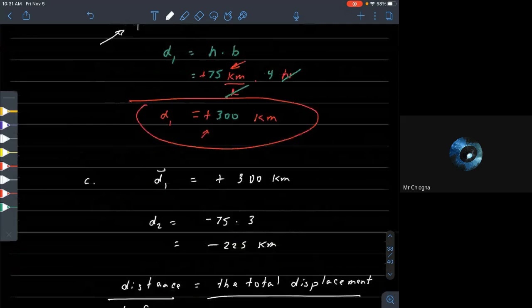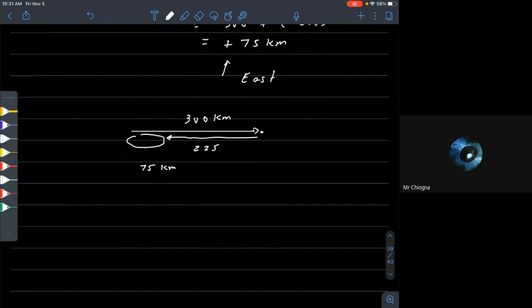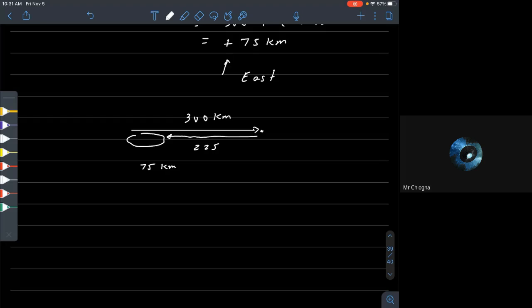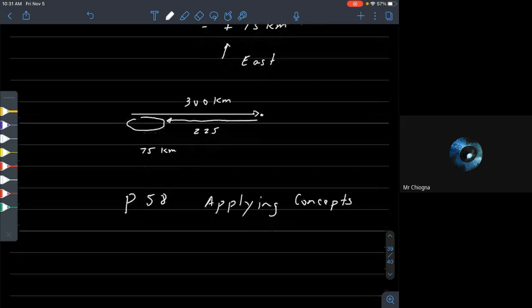So I want you to do, on page 58, if you turn to page 58 in the handout, under applying concepts, you can do 6 to 11. That includes page 59 as well.